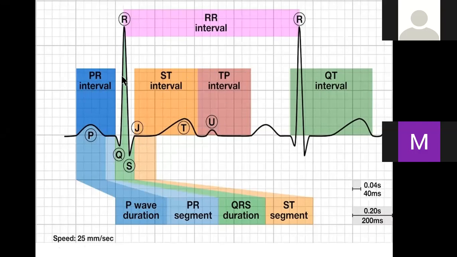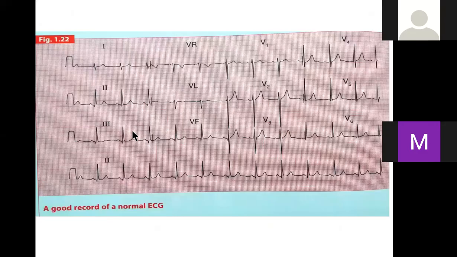So this is the 12 lead ECG, and in this ECG you can see three bipolar leads, one, two, three, and three unipolar leads, AVR, AVL, AVF, and six chest leads.